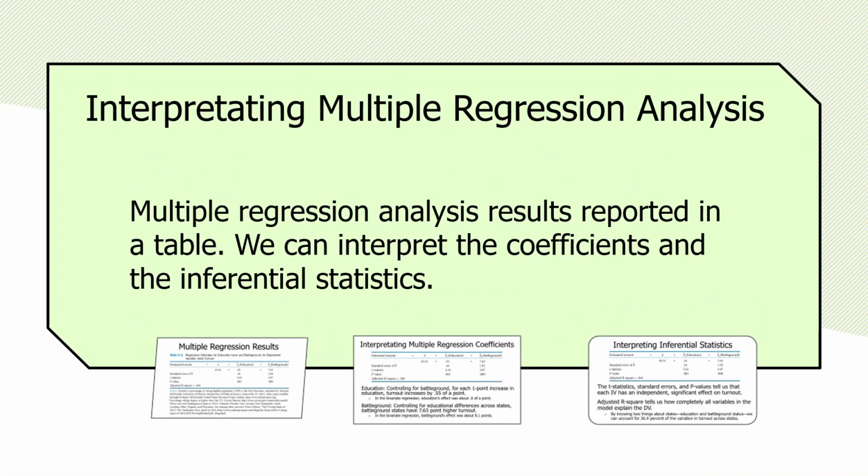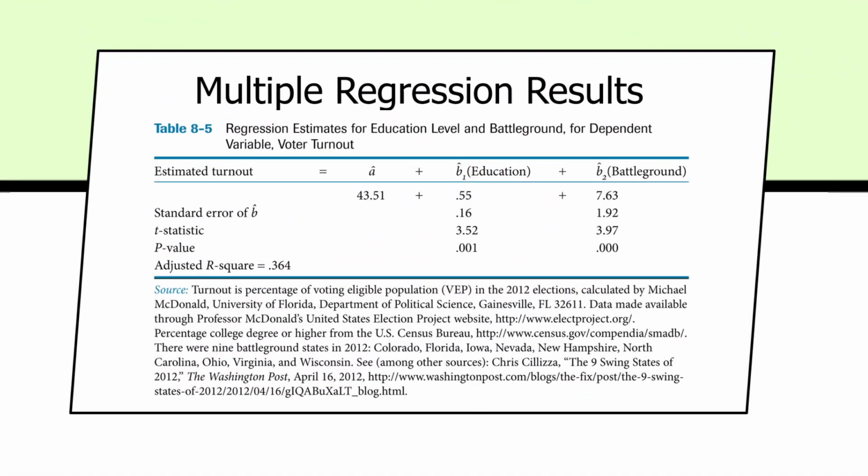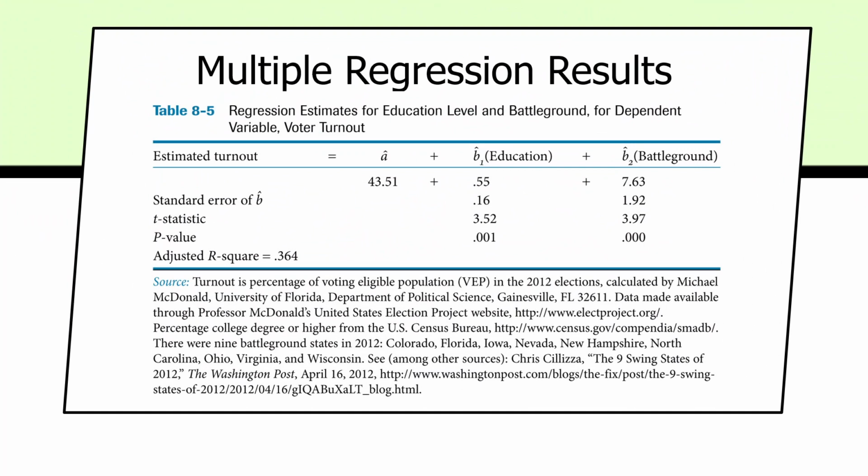Here are the estimates. Education, B1, is 0.55. So for every 1 percentage point increase in college graduates, turnout goes up by on average 0.55 of a percentage point. You may recall in the bivariate analysis, I believe the effect of education was about 0.6, but that was before we controlled for the battleground factor.